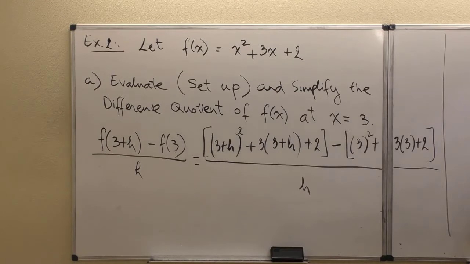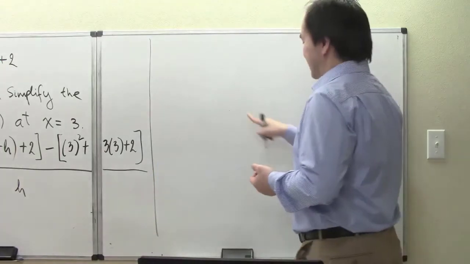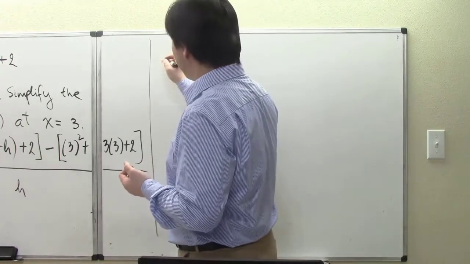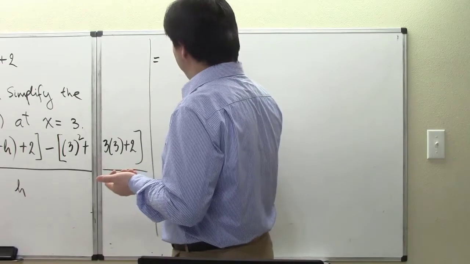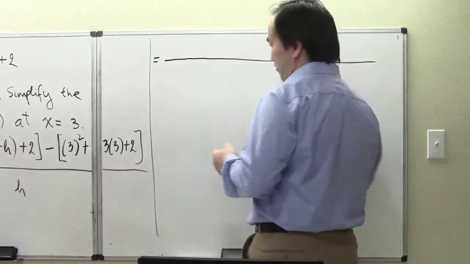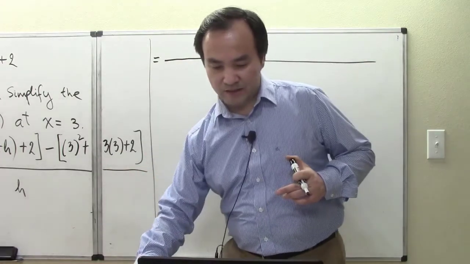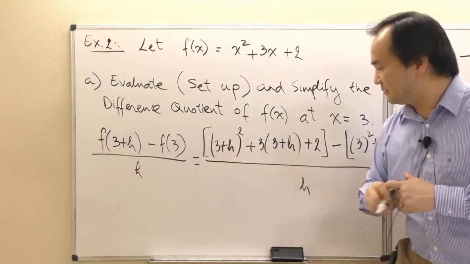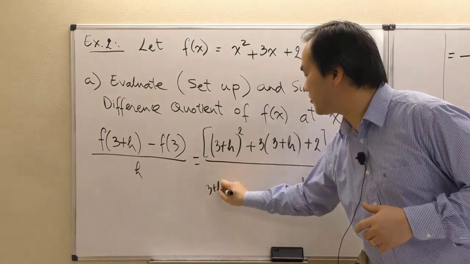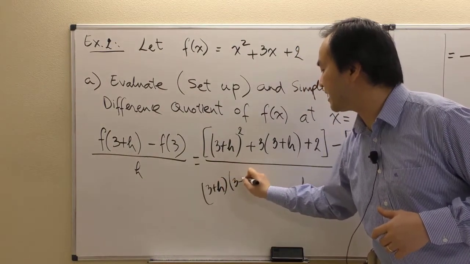All right, so now back on my other board, which I already cleaned out. Then f of 3 plus h can further be FOILed. And I have already discussed this. Think of 3 plus h all squared as 3 plus h times 3 plus h.